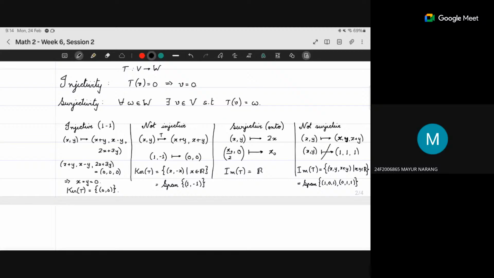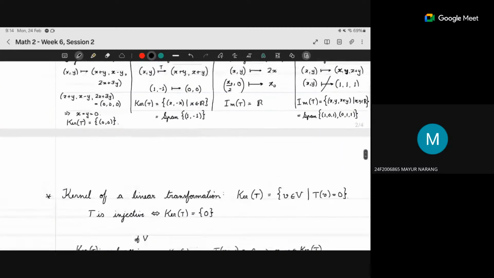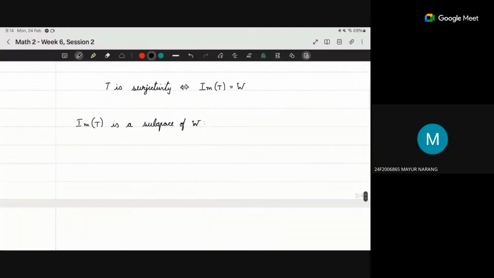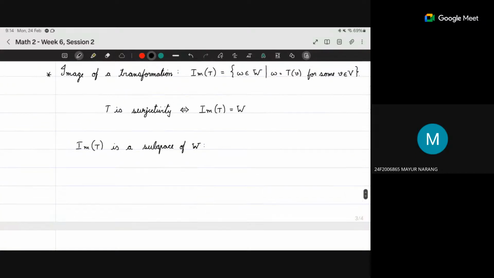And in both cases, we also readily see that these are subspaces. I'll come with more examples a bit later. Once I finish the concepts, I'll take some problems as well. But the condition for surjectivity is in terms of the image, and it's a subspace.